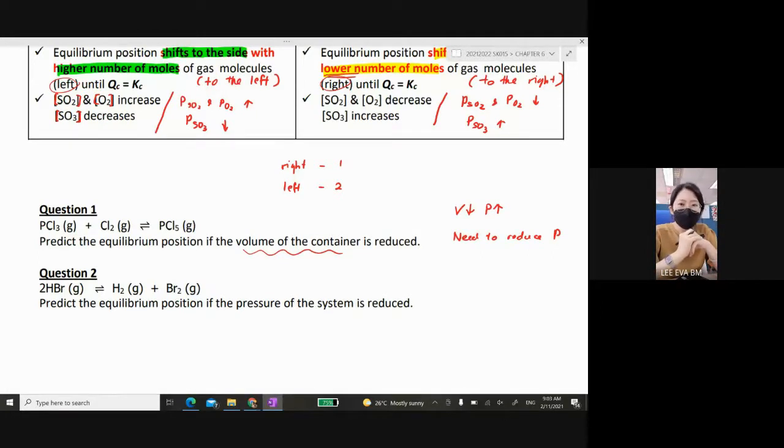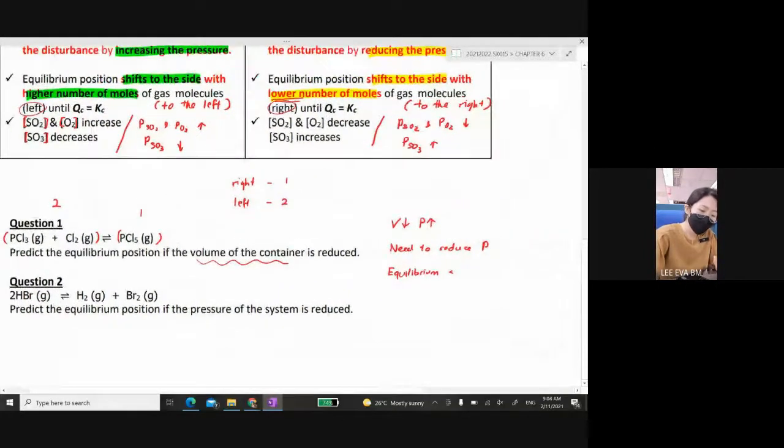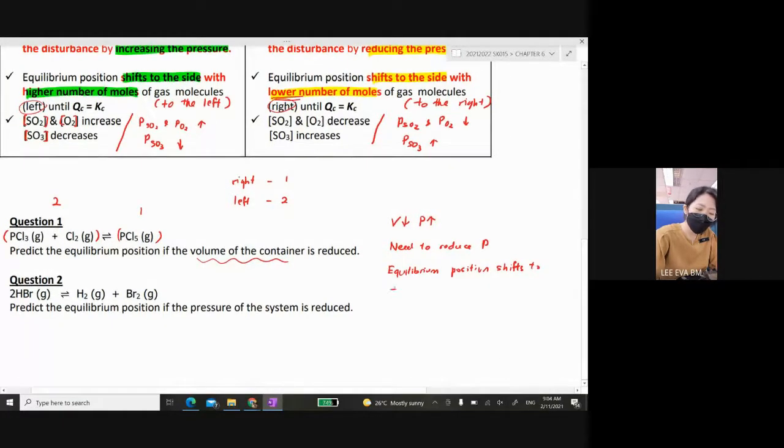Okay. So now you refer back to your balanced equation. Reactant side, we have 2 mole in total. Product side, we only have 1 mole. So to reduce the pressure, kita tulis dekat sini, awak boleh catat: equilibrium position will shift to the side with lower or higher number of mole?